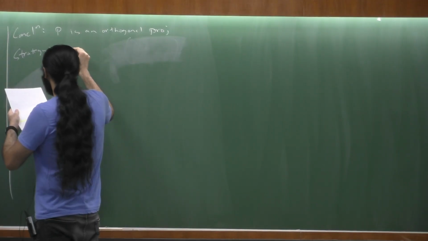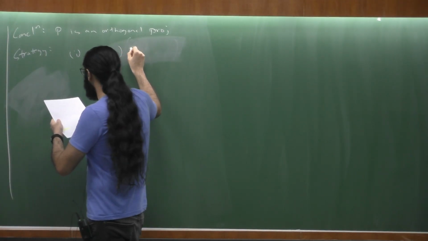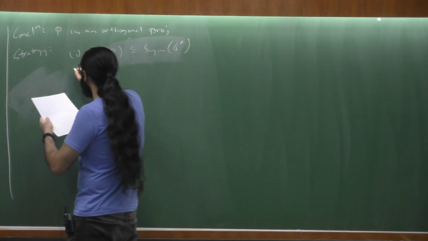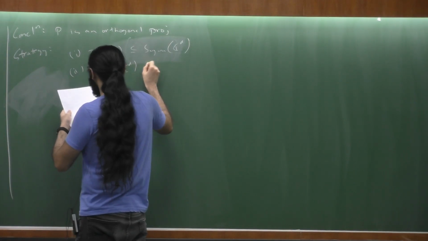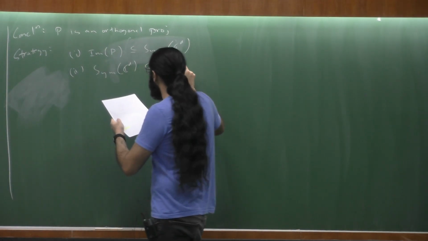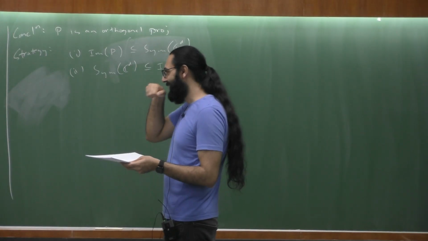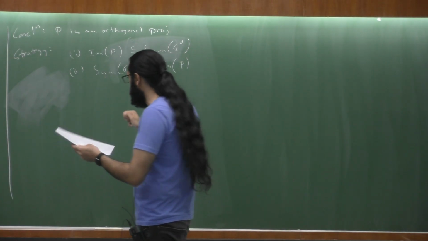To show that, the strategy is that we show the image of P is contained in the symmetric subspace, and then the second one is that the symmetric subspace is contained in the image. Let's just continue.